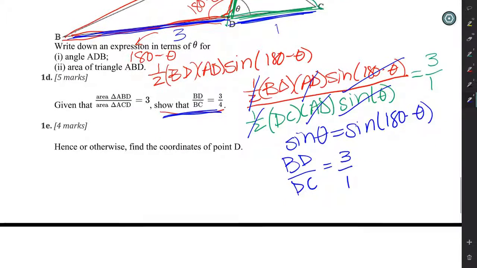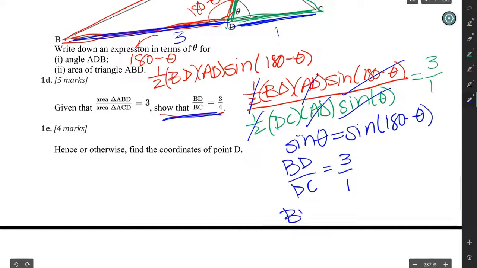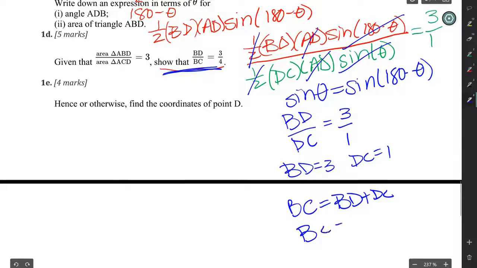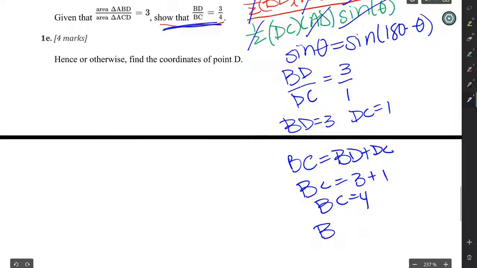So I know that if BD is 3 and DC is 1, BC is going to be equal to BD plus DC, which means BC is equal to 3 plus 1, which means BC is equal to 4. Therefore, I can say that BD over BC is equal to 3 over 4. Okay, so I've gotten where they wanted me to get.